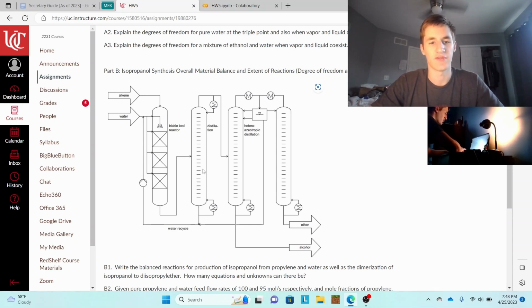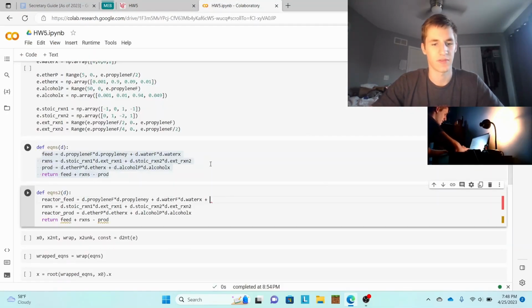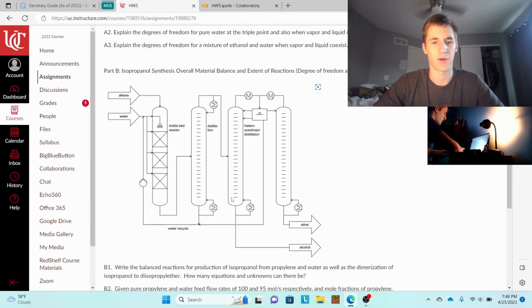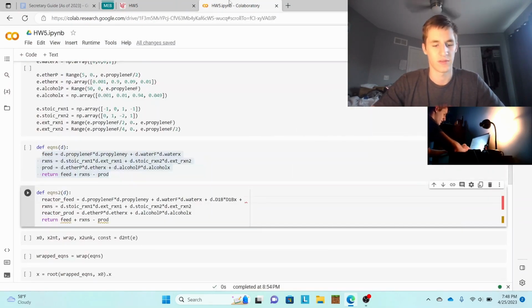Some of that water is recycled from our distillation column, right? So I will call that D1 bottom, right? So D1 bottom times D1 bottom mole fractions. And then we also have our decanter water from the azeotropic distillation, right? So D dot decanter W times D dot decanter WX.